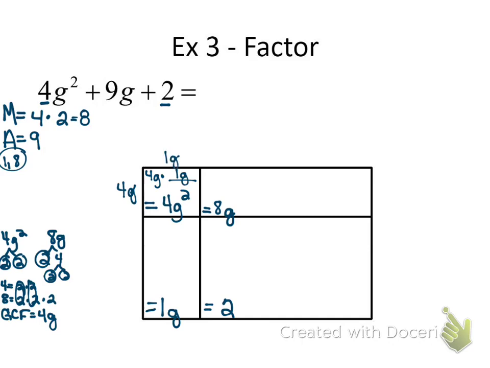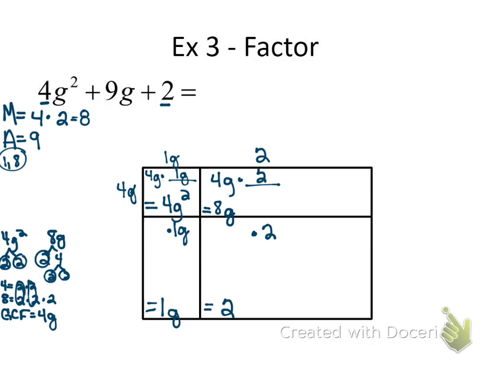As soon as I get the length for the top, I bring it down because the length for the bottom is going to be the exact same. And my length always goes second. Then I find 4G times what gets me to 8G. 2. If that's going to be the length for the top, it's also going to be the length for the bottom. So I bring it down.